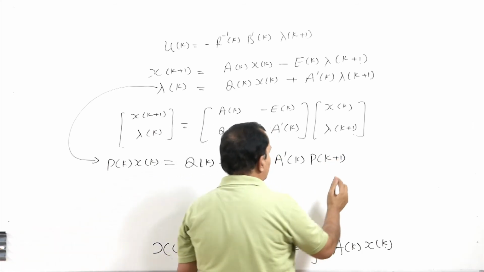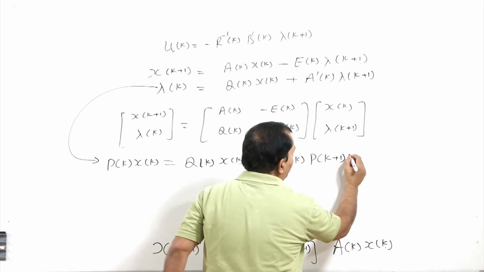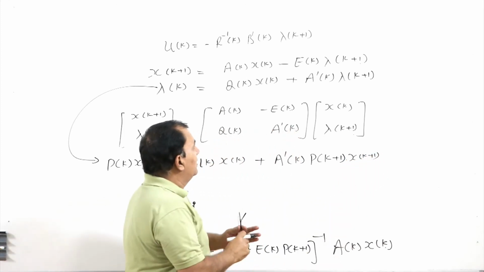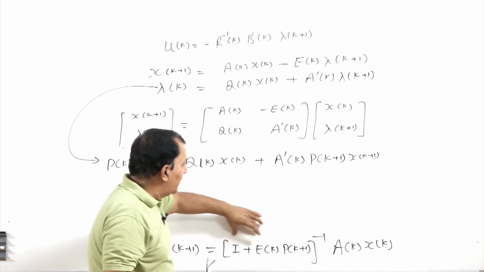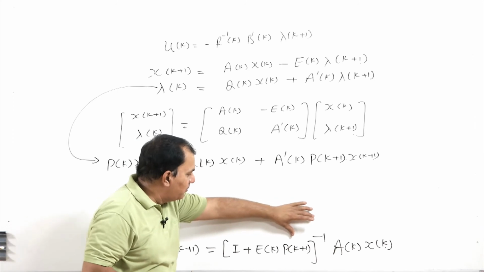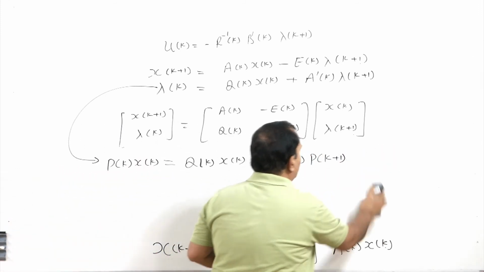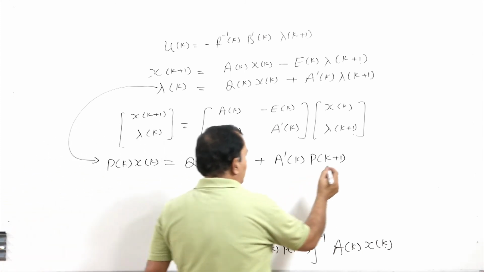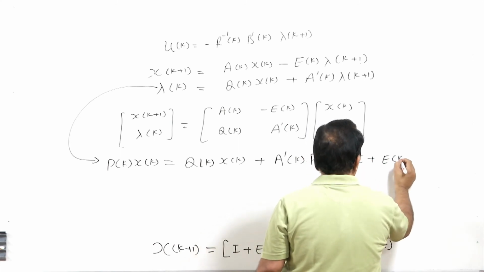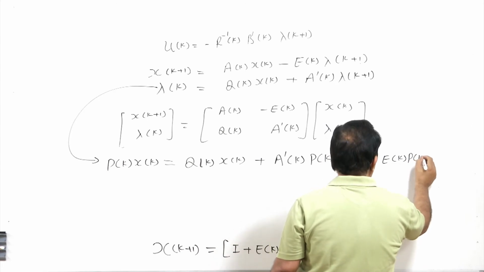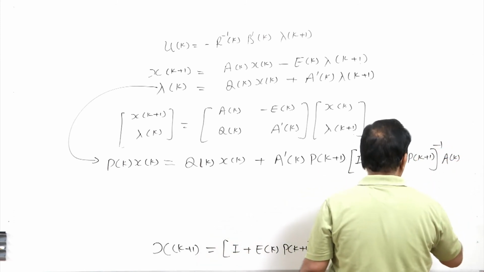P k plus 1 into x of k plus 1, because this lambda k plus 1 I am writing as P k plus 1 x of k plus 1, and this x of k plus 1 I am replacing by this expression, I plus E k P k plus 1 inverse A k x k.